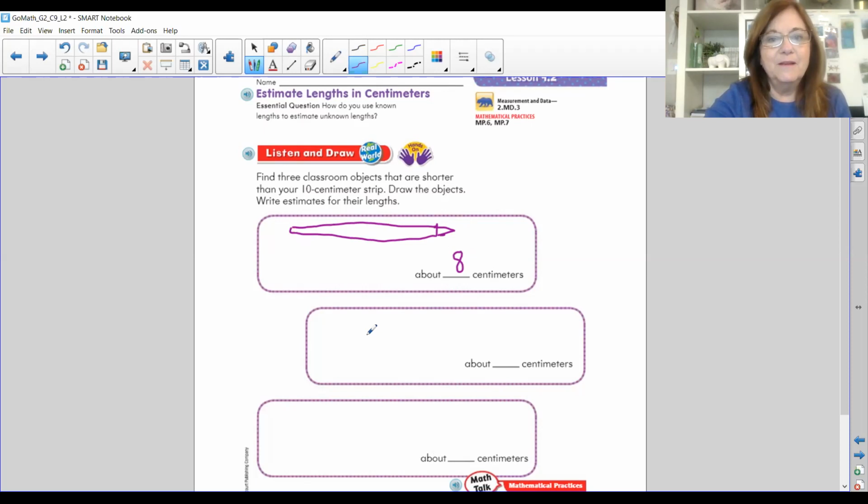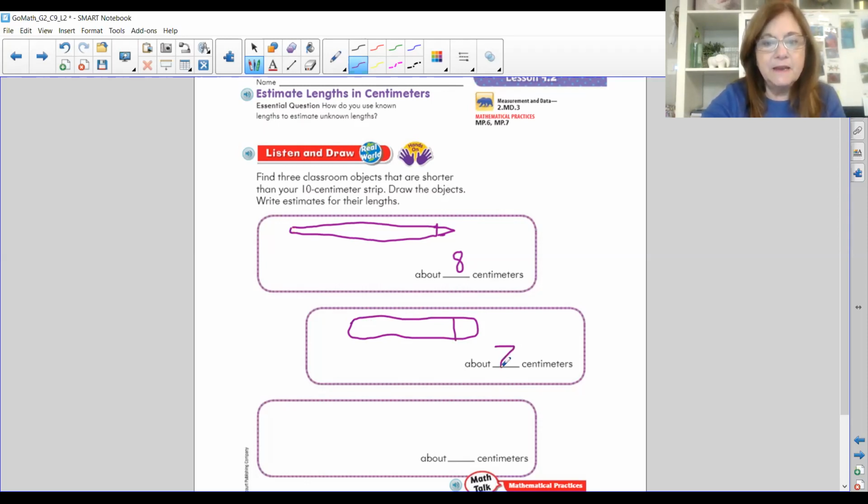When you are estimating a length, it doesn't have to be exact. So I'm going to try to make this one a little shorter than the 8 centimeters. So there's my glue stick. And that one is about 7 centimeters.